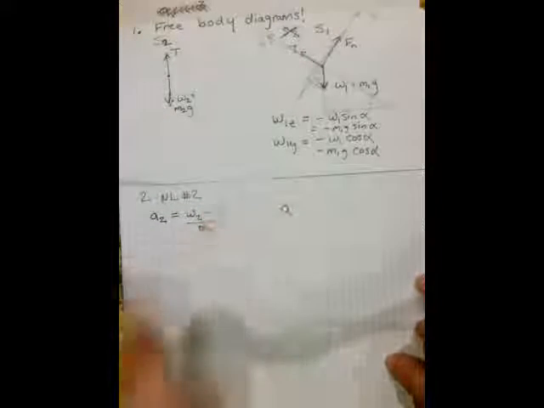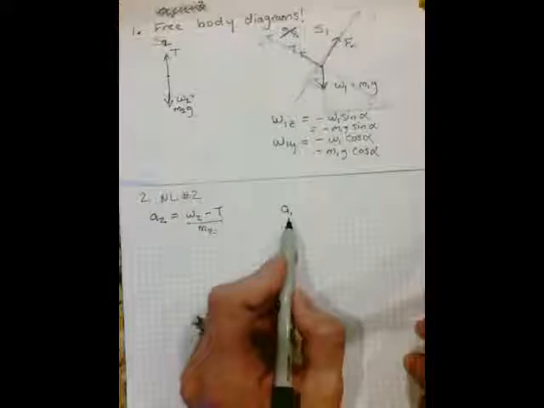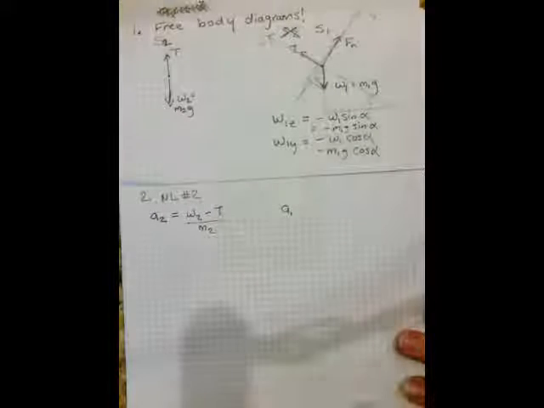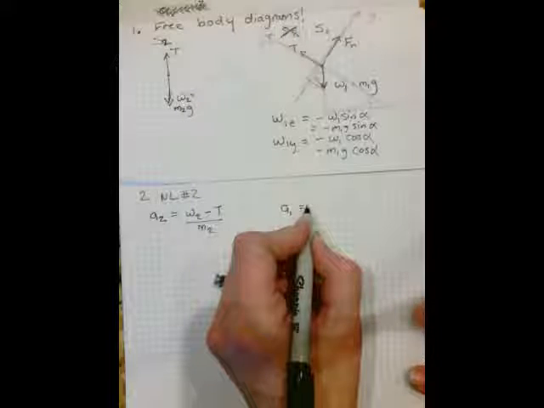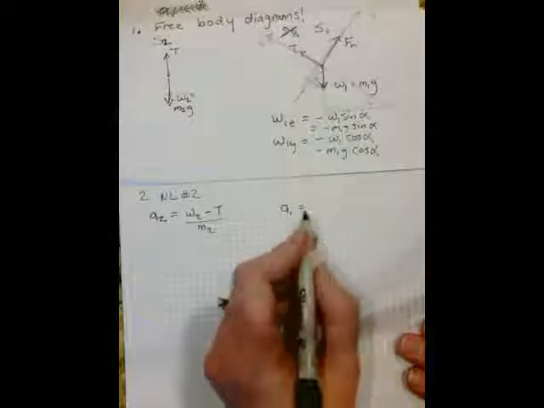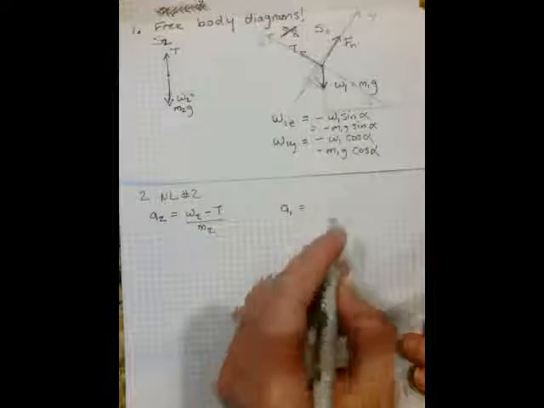So block 1's acceleration is in a different direction because it's constrained to move on that plane, but it has the same acceleration because they're constrained to move together because of the non-extensible rope, right? So A1 is equal to the net force on block 1.